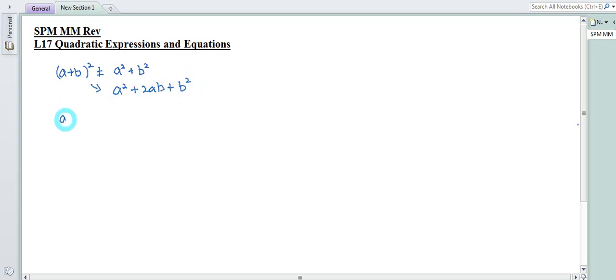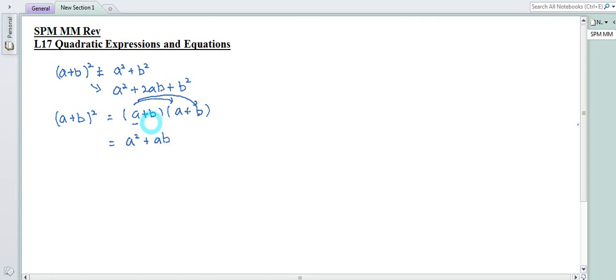If you have (a + b) squared, it actually means (a + b) times (a + b). Do you still remember how to do the expansion for this one? First, we focus on a. This one times a, this one times b, so you will get a squared plus ab.